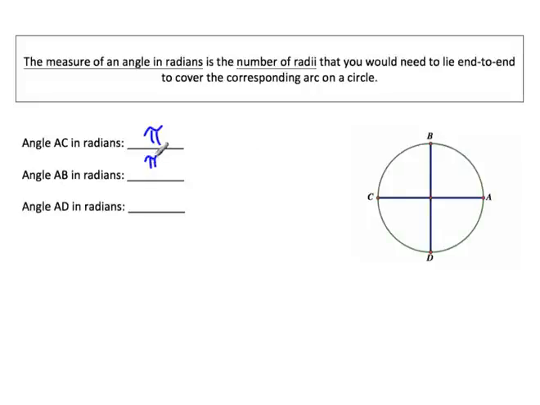Therefore, that's pi over 2 radians. And angle AD is going to take 3 pi over 2 strings to cover that whole arc, where each string is the same length as the radius. So these are the same numbers as we saw before, illustrating that radian measure is simply describing how many radius lengths fit in that arc.